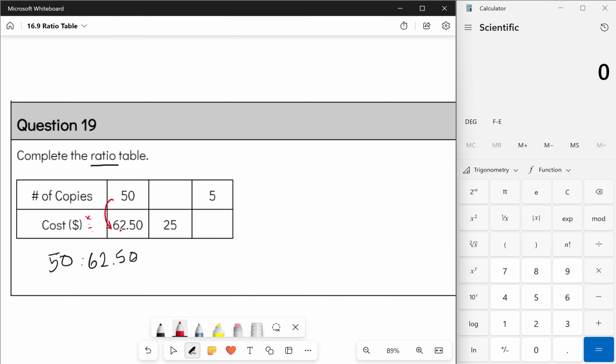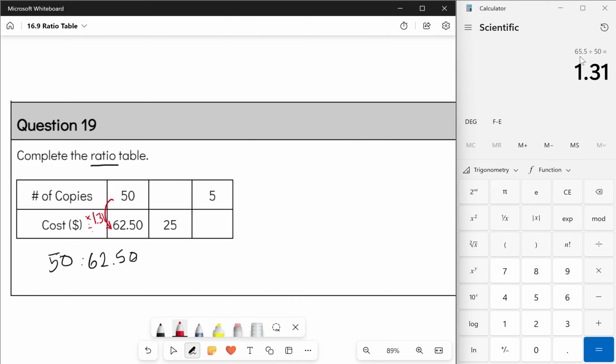If I take my bigger number, 62.50, and I'm going to divide it by my smaller number, 50. It's pumping out 1.31. So I'm going to put that down here, and I'm actually going to test this.